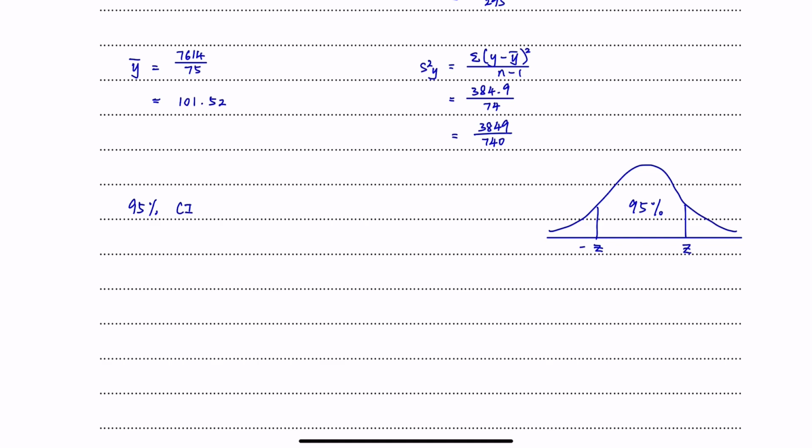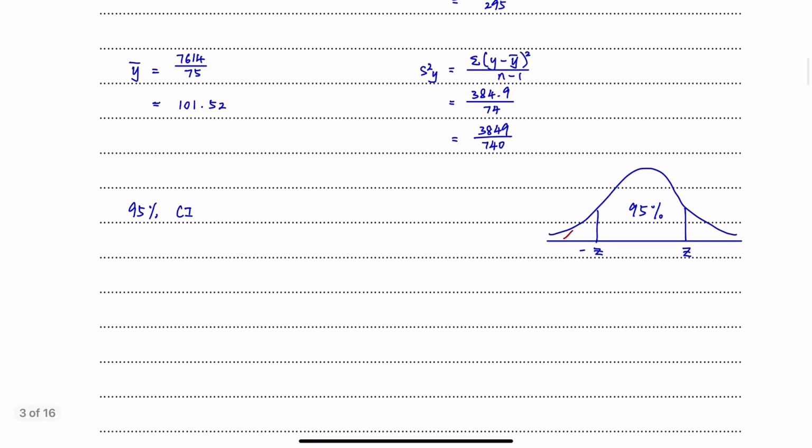So we know that this entire area would be 97.5%. Alright? Because the whole graph is symmetrical and the area here equals to the area here. Okay, so now we know that we have to use 97.5%.